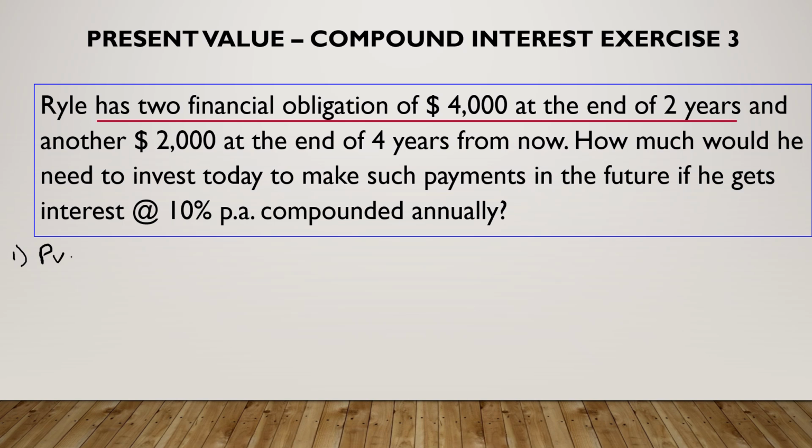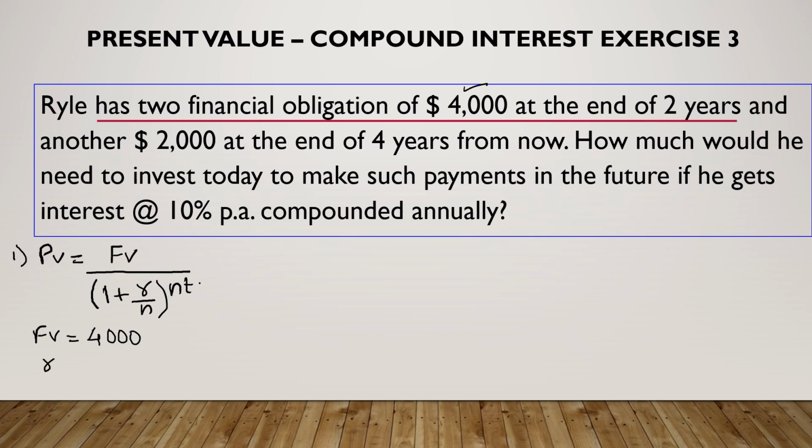So we'll write the formula. Present value is equal to future value divided by bracket open 1 plus r by n bracket close power of nt. Now I am writing it here. What is my future value? The first option, you see this future value is 4,000. So future value is $4,000.